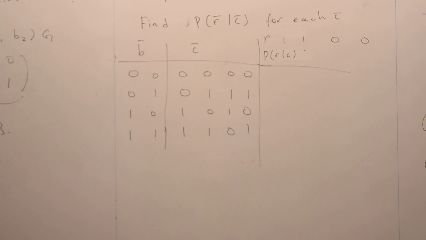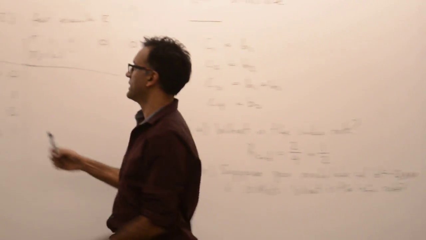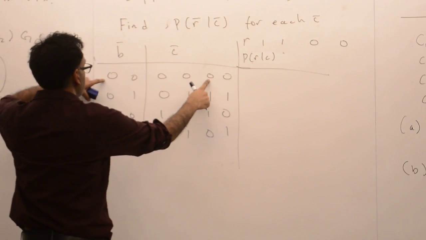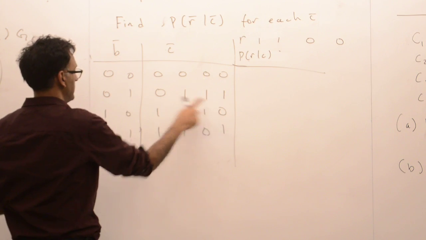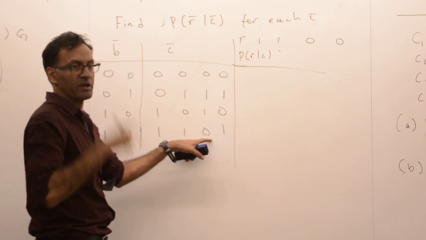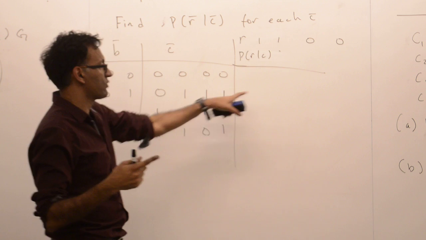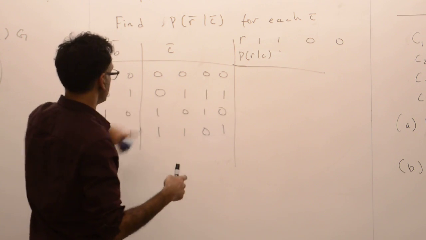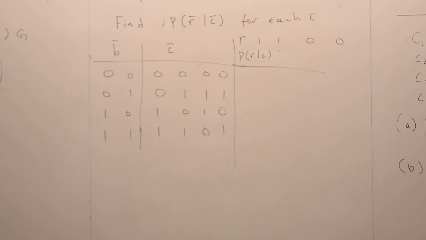C3 is B1 plus B2, mod 2. So I take the first and second bit, 1 plus 1 is 2, but 2 mod 2 is 0. The last column is just B2. It's really easy to get this, most of the time. This is the only hard part.